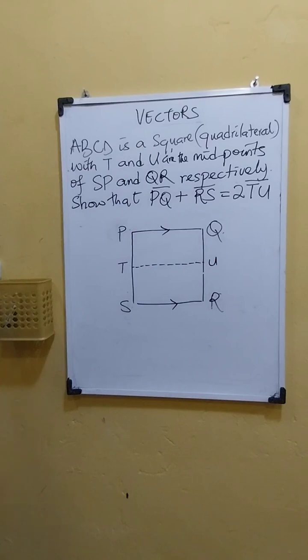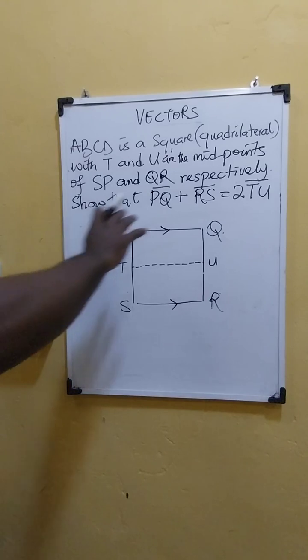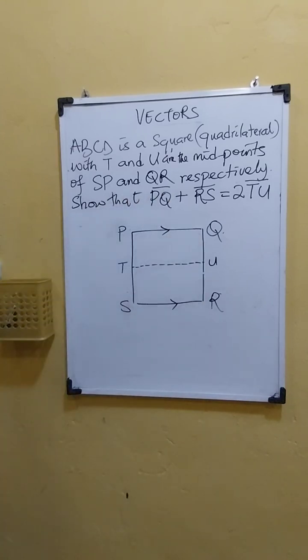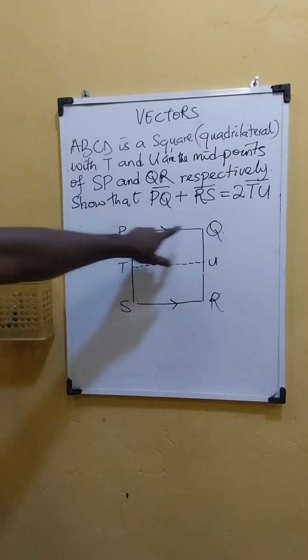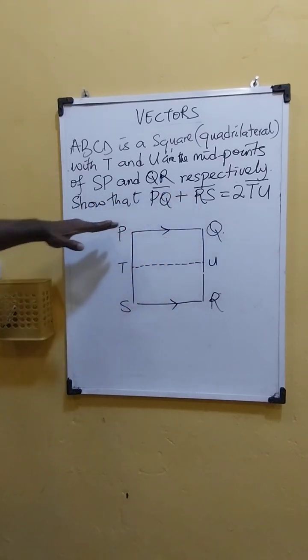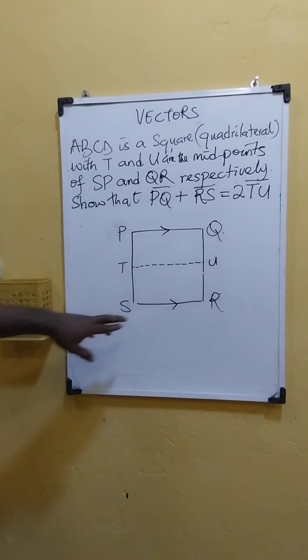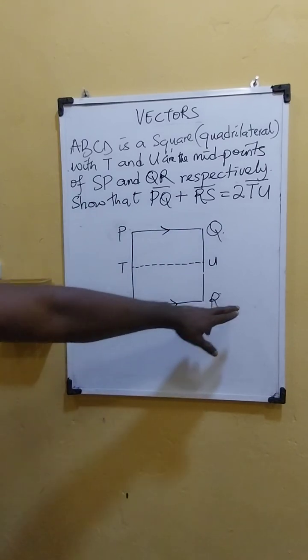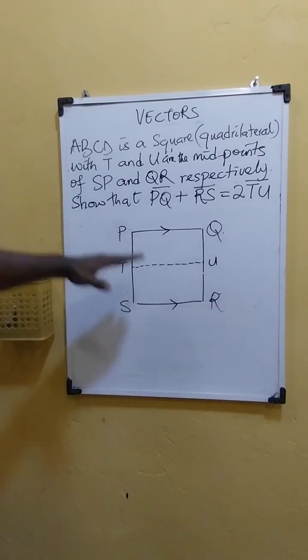So the first thing we are going to do now, we consider the lettering on this particular diagram, and then we replace each of them based on the chain of the vector. So this vector now has a kind of chain. This chain, PQ, the first direction of the vector, then RS, another direction of the vector, we are going to separate them.